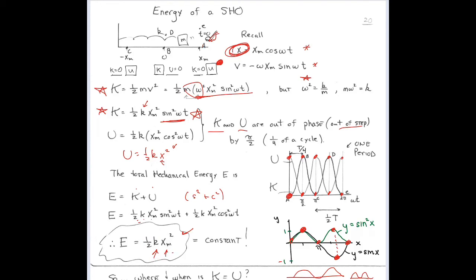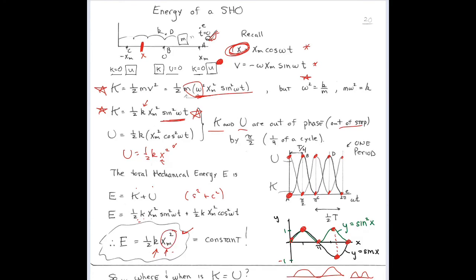You have to be careful, because if they give you some value of x right there and ask you to find the energy, that's not that x, but it doesn't matter, because whatever amplitude it was released at, that's x max. So if the initial energy is 5 joules, the energy at any point is 5 joules. If you know the amplitude, then you always know the total energy.